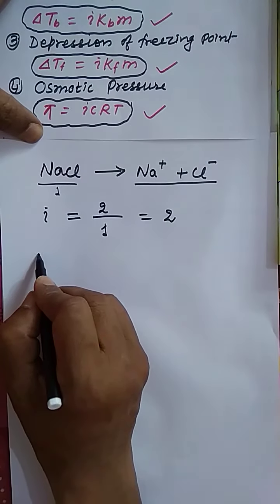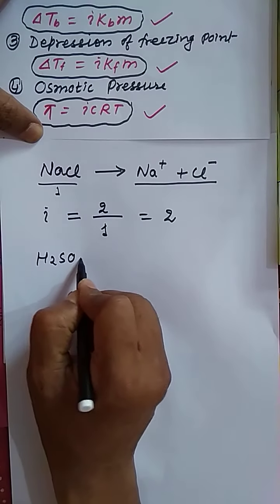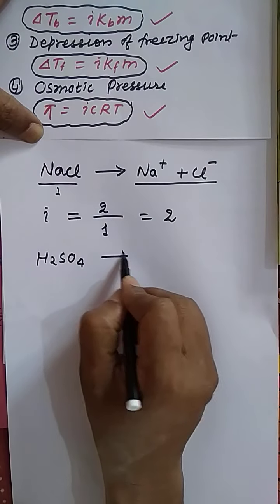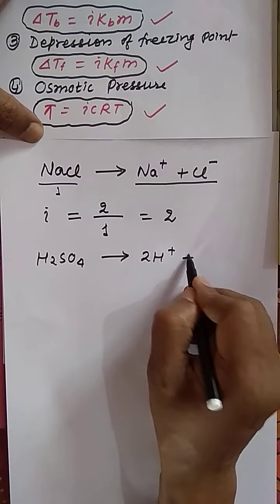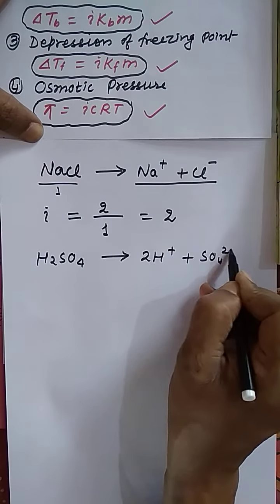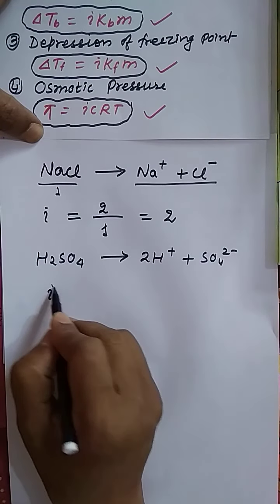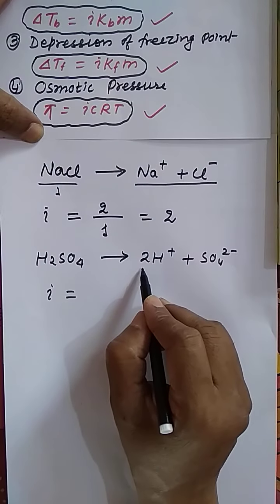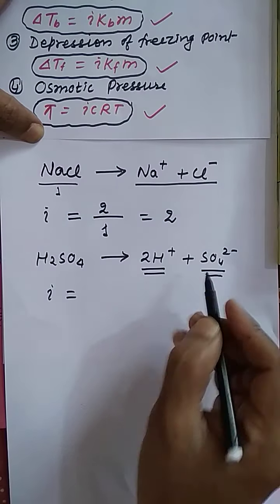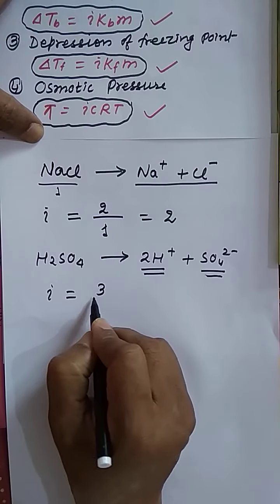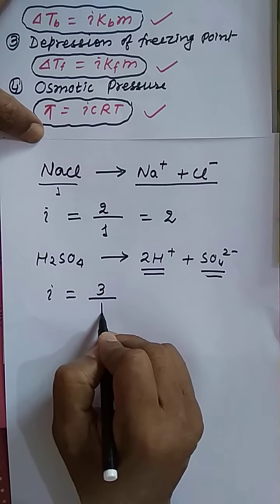Okay. Suppose H2SO4 is there. In case of complete dissociation, 2H+ and SO4 2-, the value of i is 2 ions and 1 ion, 3 ions after dissociation, and before 1, so 3 by 1. Okay.